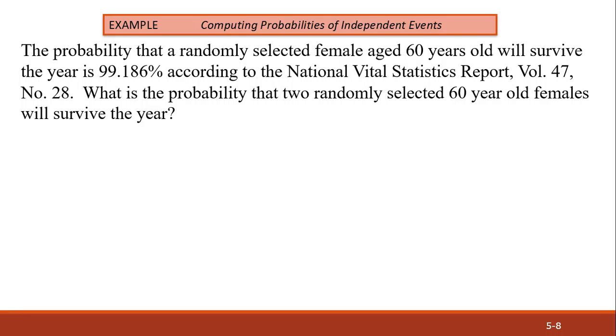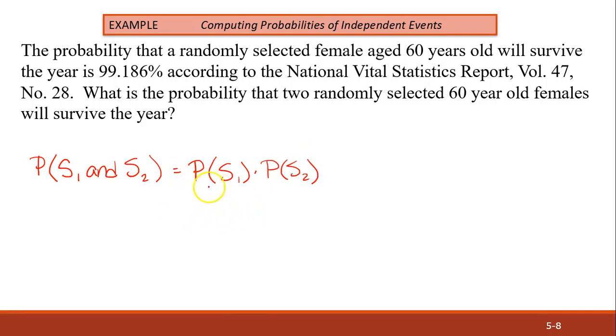How I would set this up is that what we're looking for is the probability of the survival of the first female and the survival of the second female. And the way the independent event computation goes is we multiply: the probability of the survival of the first times the probability of the survival of the second.